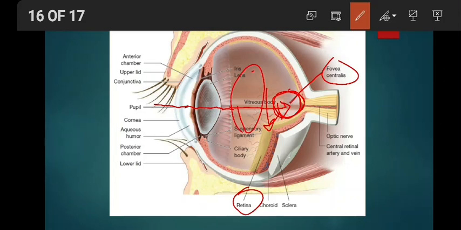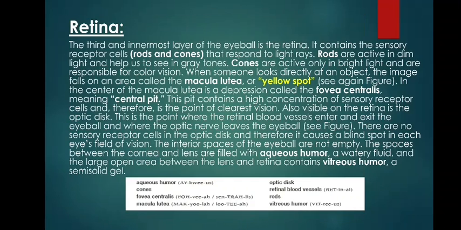This space is filled with a liquid-like substance, a watery fluid, and a large open area between the lens and the retina contains the vitreous humor, a semi-solid gel.